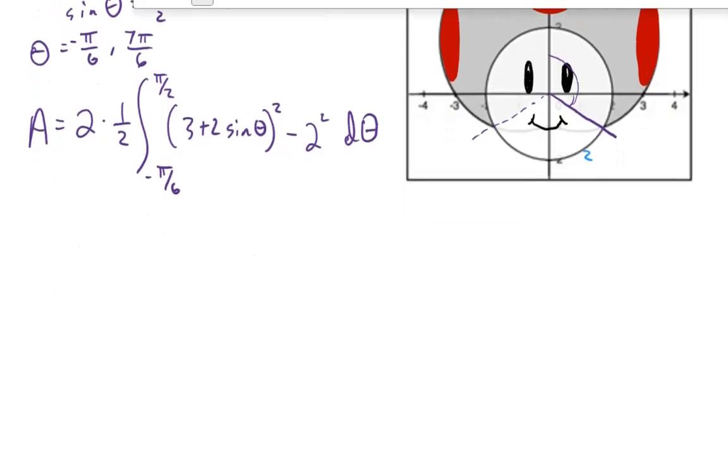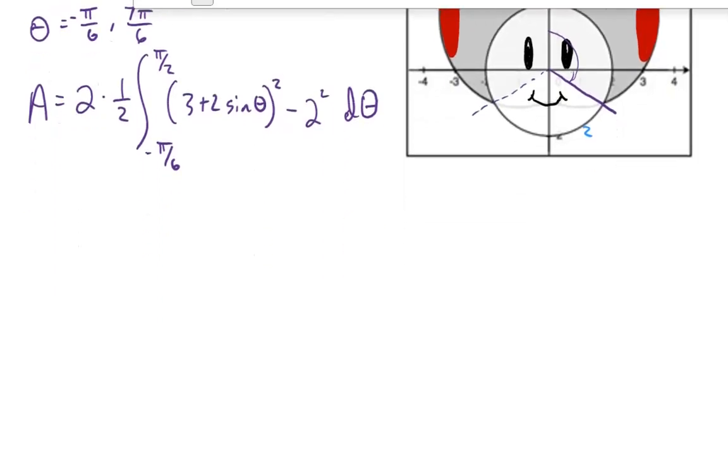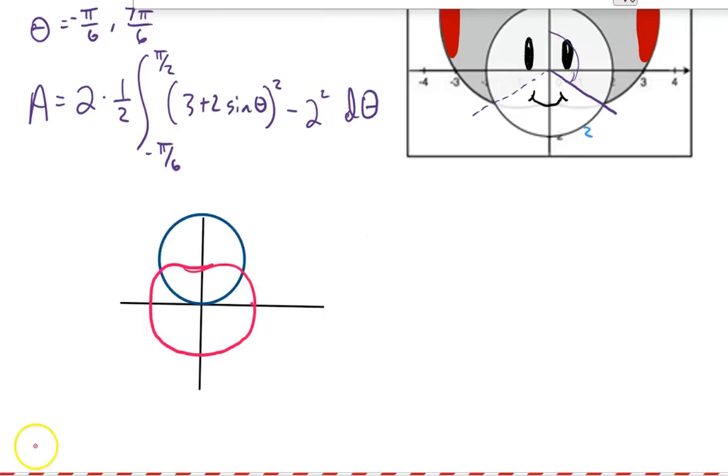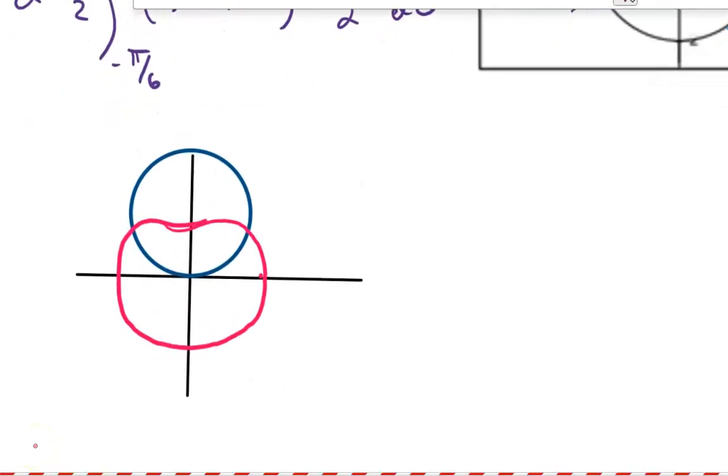Let me give you an example of a graph real quick, just so that you can see what I'm talking about where you might need to use more than one interval. This last one's poorly drawn, but let's say that I'm trying to find the area that is in between these two. I would need to know this intersection. I'm just going to call that alpha. I would be integrating on the circle from 0 to alpha.